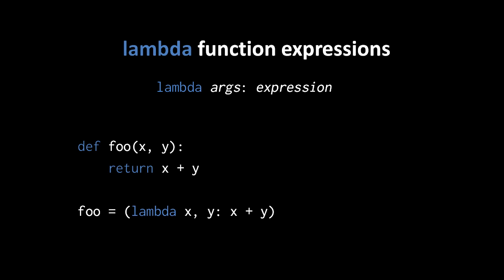The unfortunate thing about Python's lambda is that it's much more restricted than a full-on def statement. When you write a lambda function, the body of the function can only consist of a single expression statement. You can't have any other kind of statement, and there can only be one.